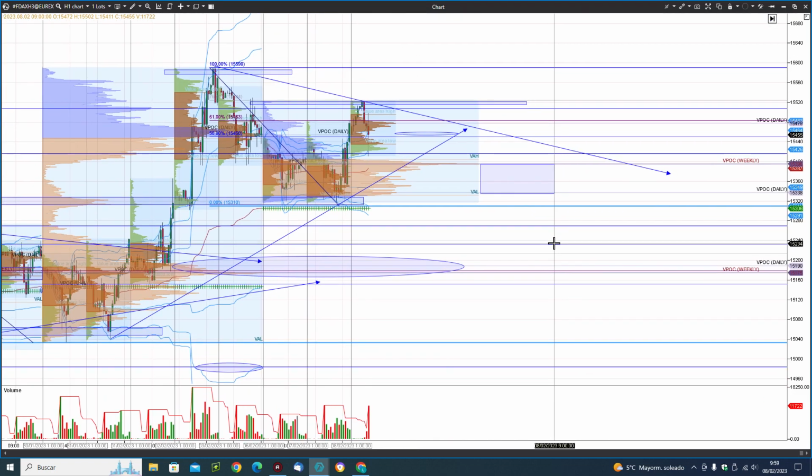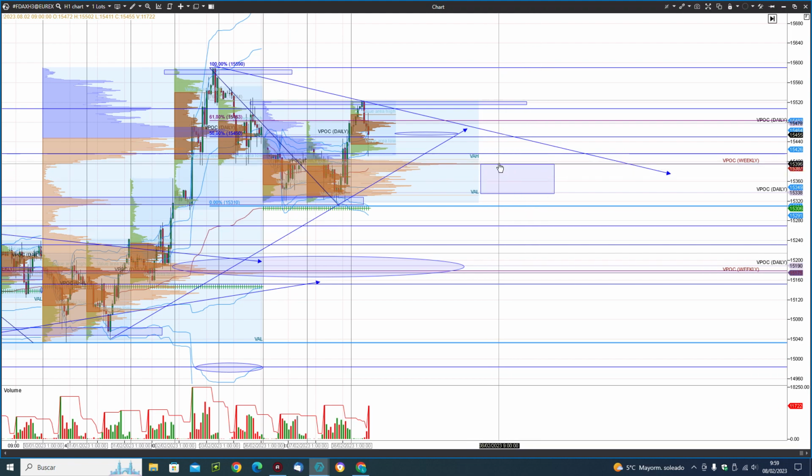What about lower targets? We are now exactly in a high volume node here, and next step will be the value area of the current week.